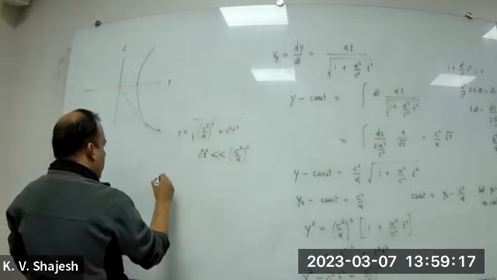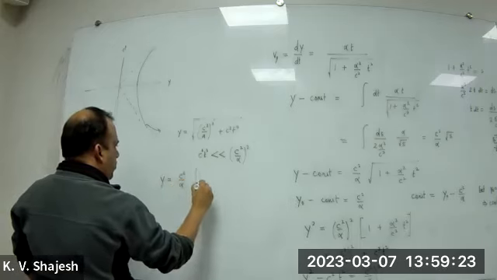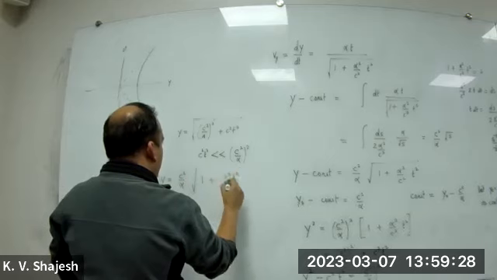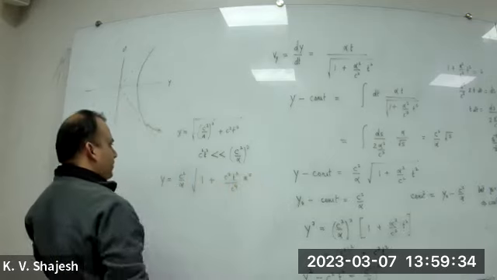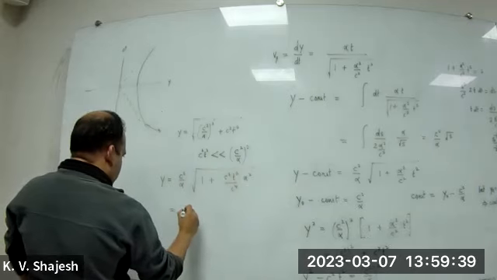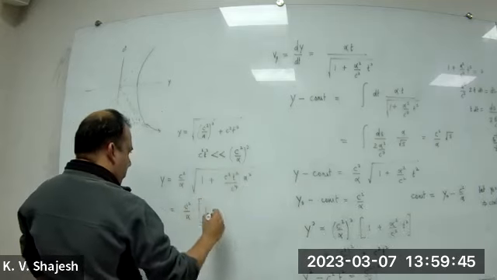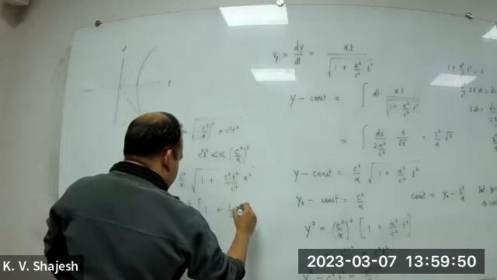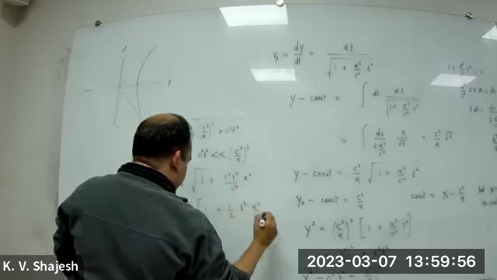So y is equal to c square over alpha times the square root of 1 plus c square t square over c raised to 4 times alpha square. Since this is small, I can expand it. c square over alpha times 1 plus 1 by 2, that is your 1 by 2 coming up, times t square alpha square over c square.